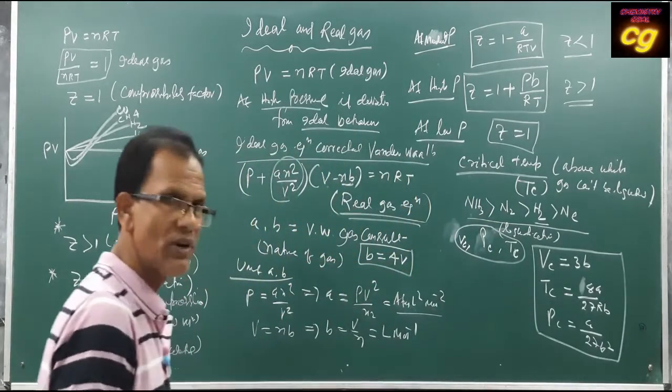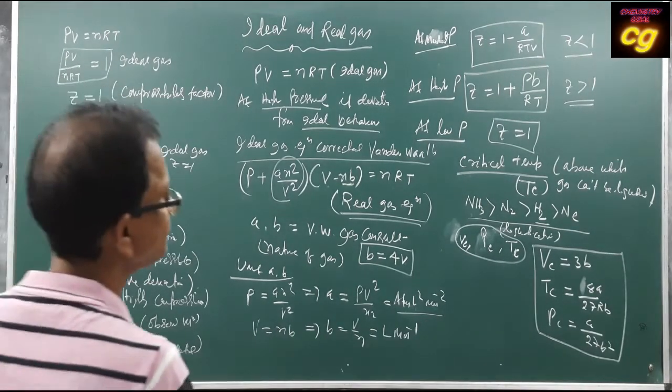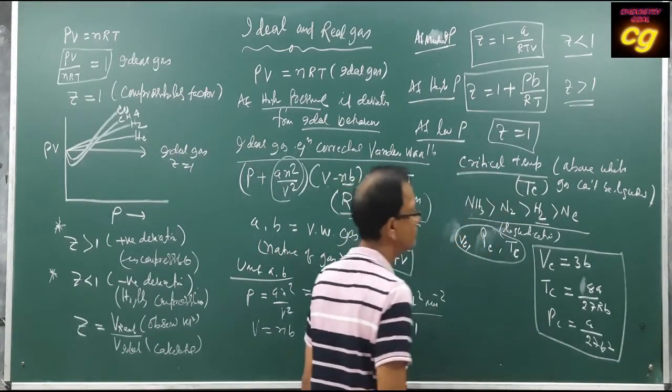Calculation part is not required; directly remember Vc is equal to 3b, Tc is equal to 8a by 27Rb, Pc is equal to a by 27b square. So this is the relation between critical volume, critical temperature and critical pressure.